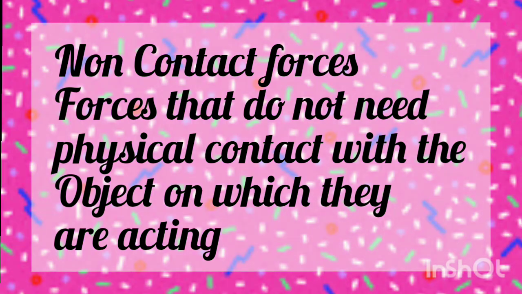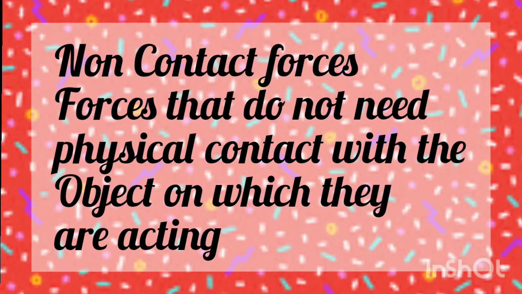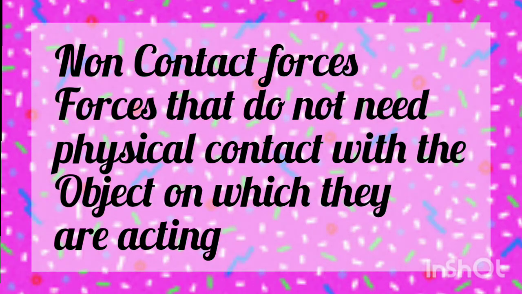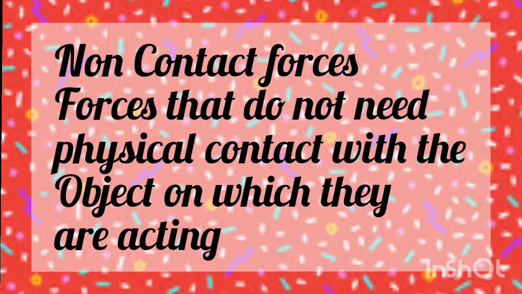Now, let us see some examples and explanation of non-contact forces. Forces that do not need physical contact with the object on which they are acting are called non-contact forces. Can you say some examples of non-contact forces?